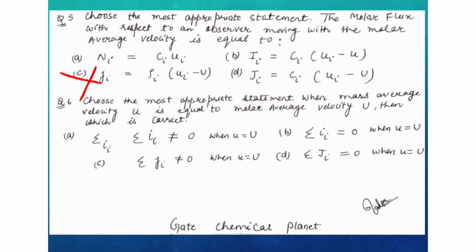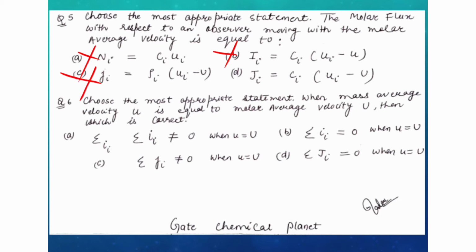For your information, I am giving you the answer. The capital Ni is the molar flux of species i with respect to a stationary observer, so Ni is not the correct option. And what about Ii? Ii is the molar flux of species i with respect to an observer moving with mass average velocity, and mass average velocity is small u, so this option is not correct.